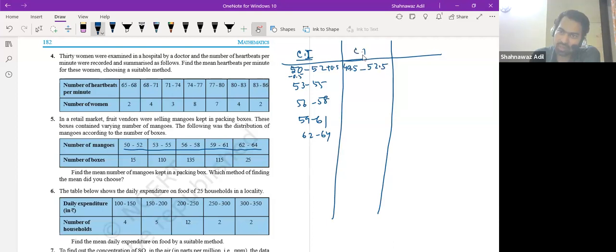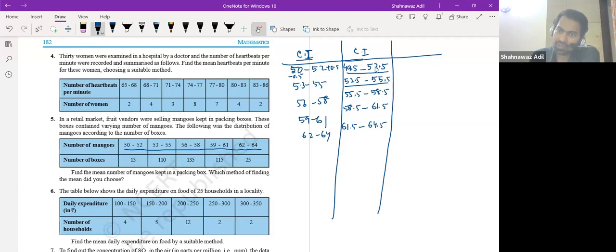So this is the new class interval. Then 52.5, 55.5, then 55.5 and 58.5, and then 58.5 and 61.5, 61.5 and 64.5. So now as you can see, this is continuous.